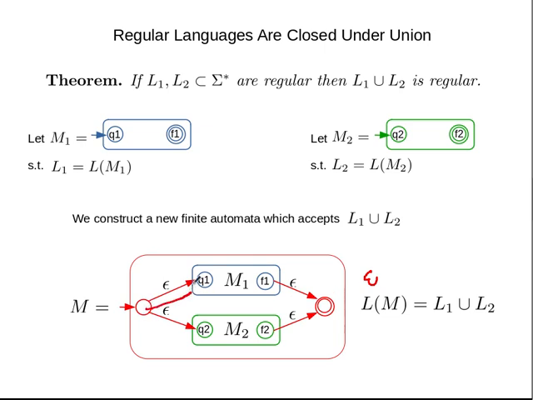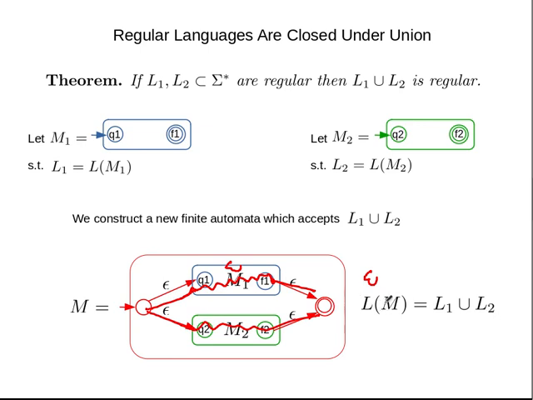So the only way it can process this w is to go forward and exit through this state. And if it does that, then this w is entirely processed within this part. So this w is in L1. The other possibility is that it first takes this, then does this, and then goes there. In that case w will be in L2.